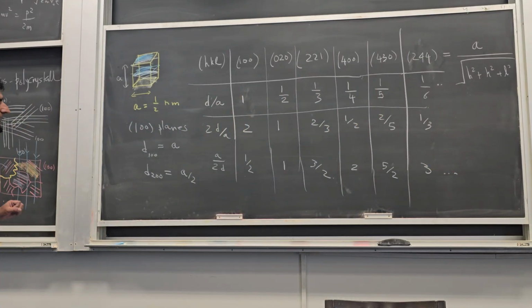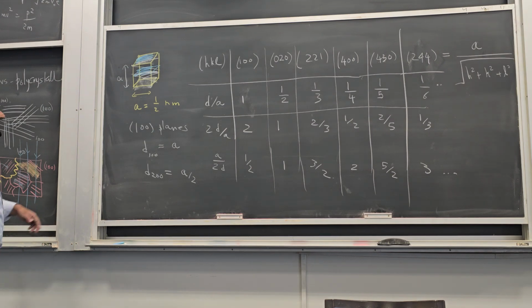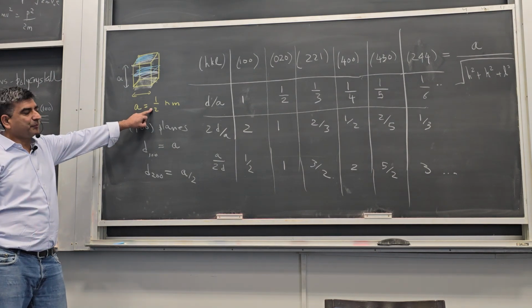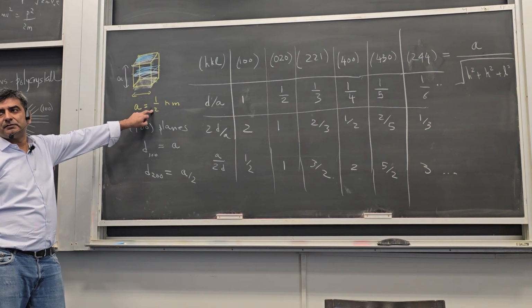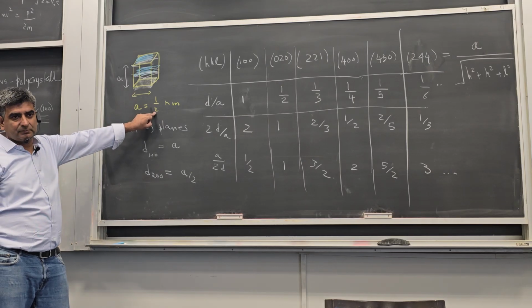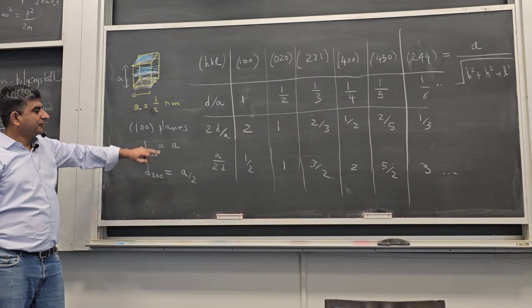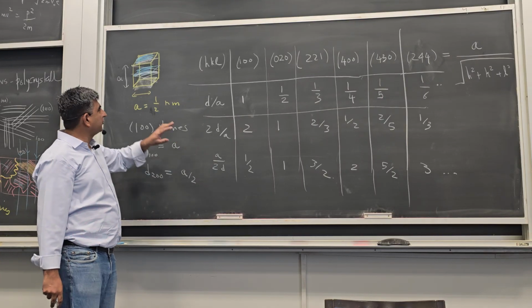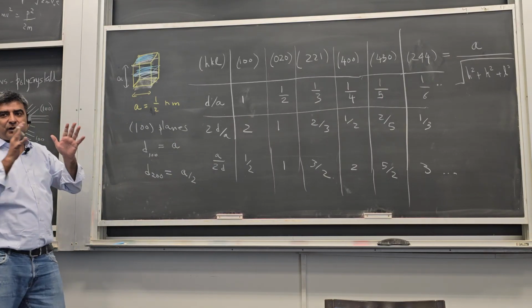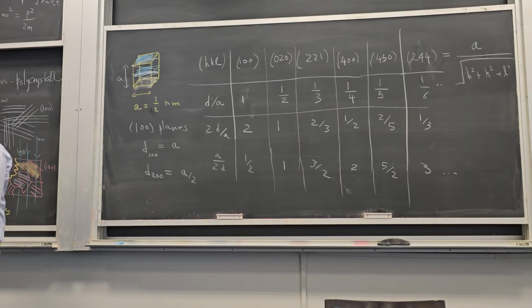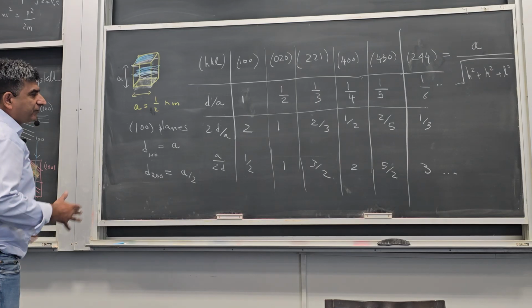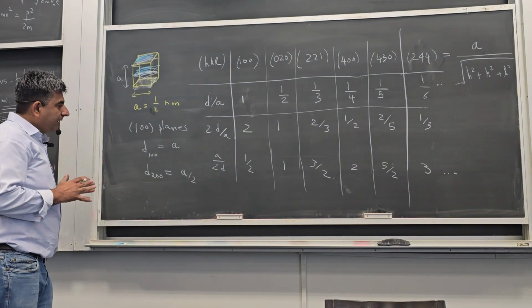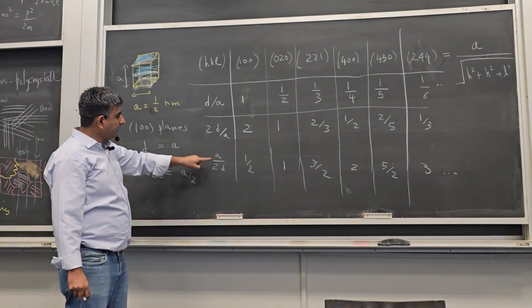Now suppose my A is 1/2 nanometers. This is of course unitless. For this unit cell, if A is 0.5 nanometers, or 5 angstroms, which is a reasonable size for a unit cell, then I put A equals 1/2 here.